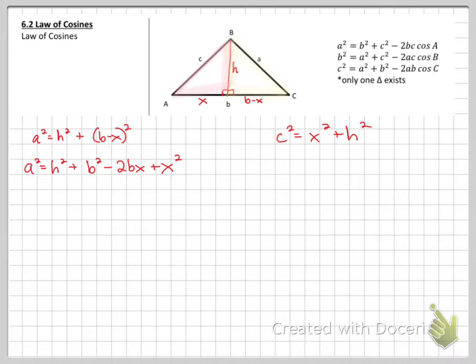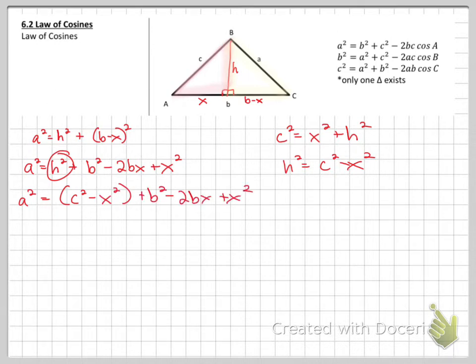So let's solve for h squared in this equation, c squared minus x squared, and let's substitute it into the other equation. Right? I want to get rid of everything that was not actually part of my original picture.